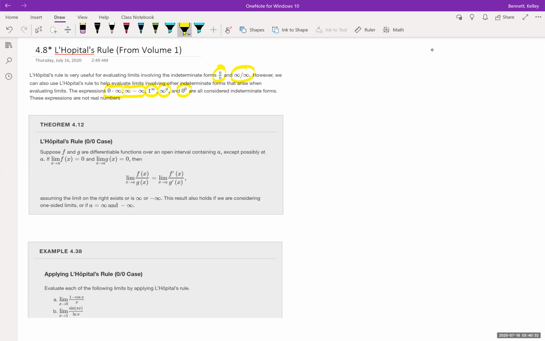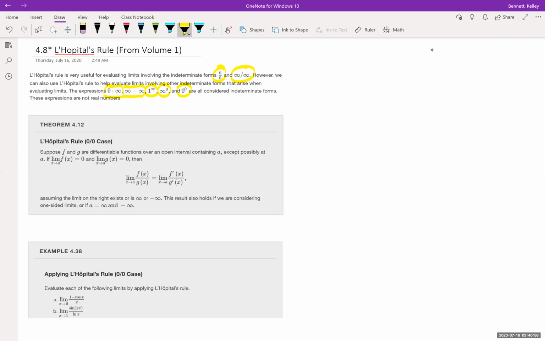Functions can go to infinity faster or slower than other functions. For example, exponential functions completely obliterate a polynomial function. Even though polynomials and exponentials can both go towards infinity as x approaches infinity, one of them gets there a lot faster. So to handle that, we have L'Hopital's rule.